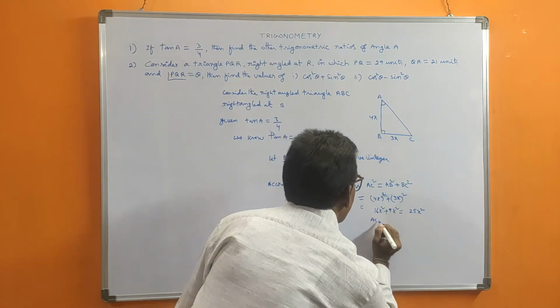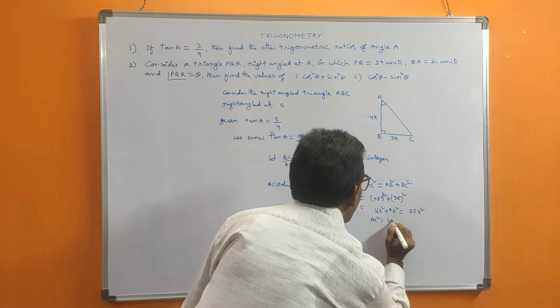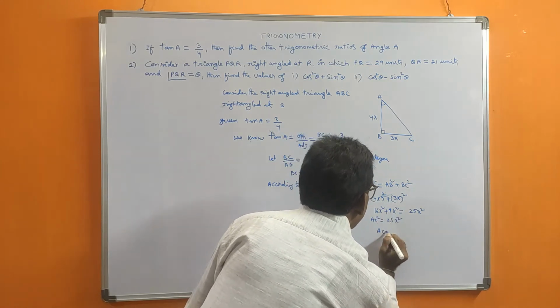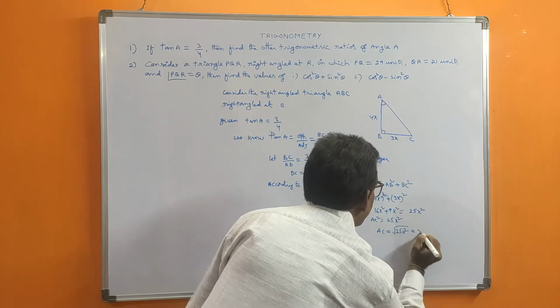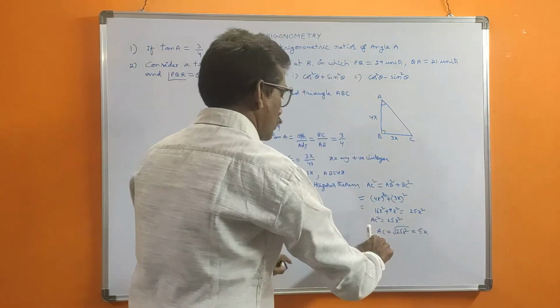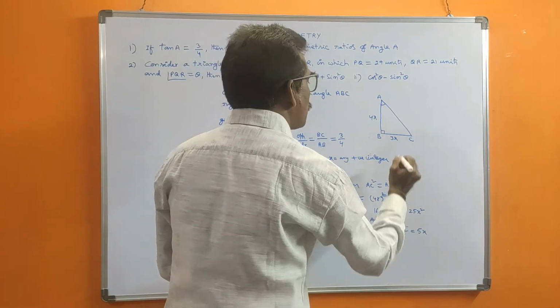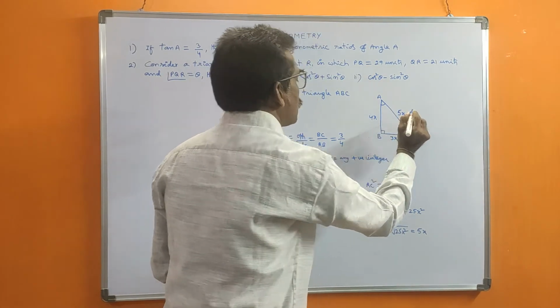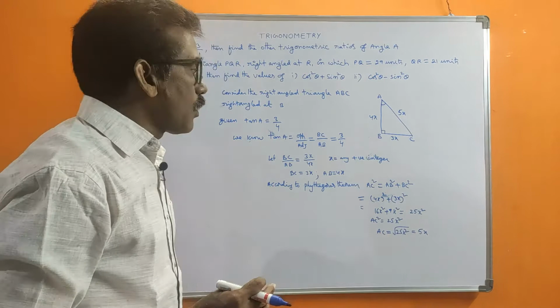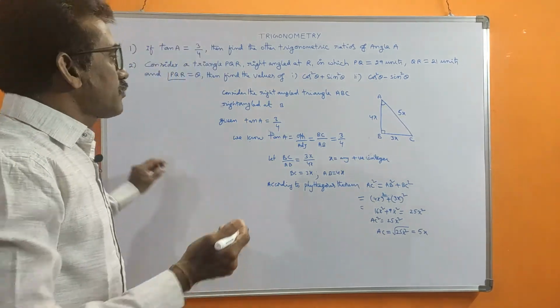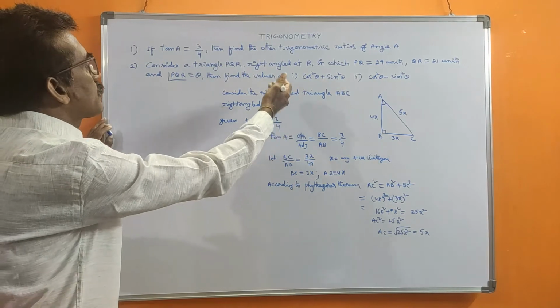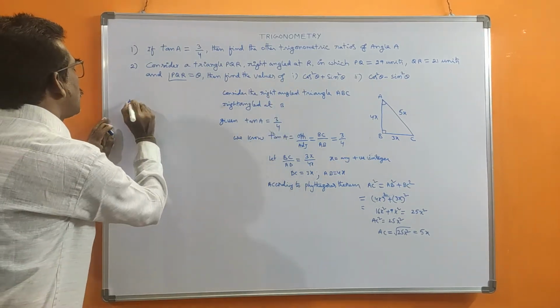So AC square is equal to 25x square. We want AC only, so the square root of 25x square: root 25 is 5, root x square is x. So we got AC value 5x. Once we know all the sides, then we can write any trigonometric value. So, what is remaining that he asked?